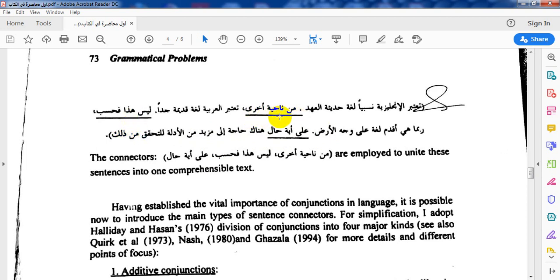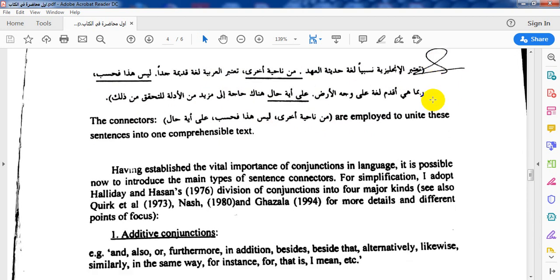As you can see, those connectors have a function, that is to connect those sentences, so that you can feel that the whole text is one unity. So now we understand what's meant by connectors or conjunctions.